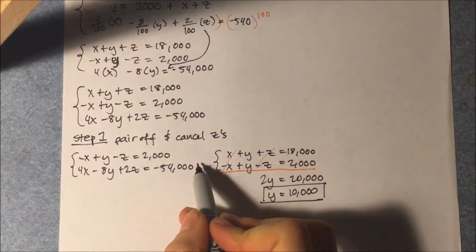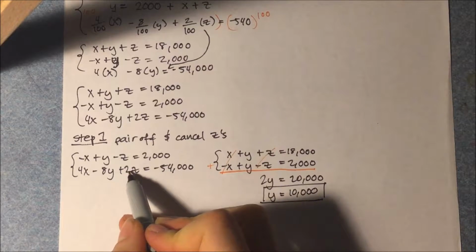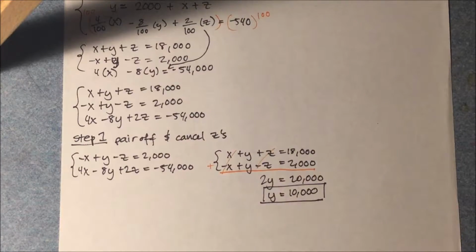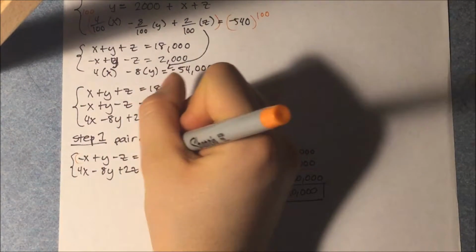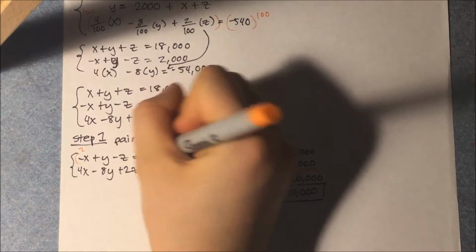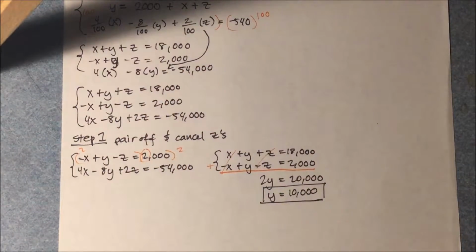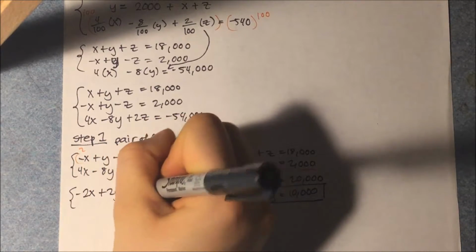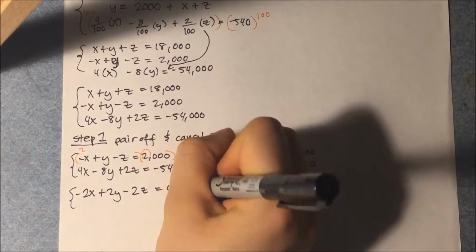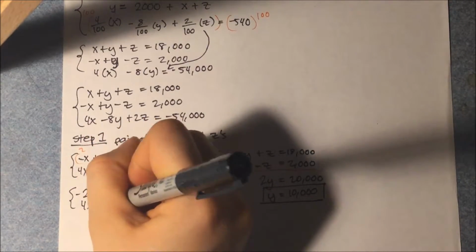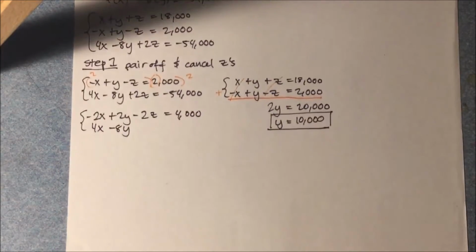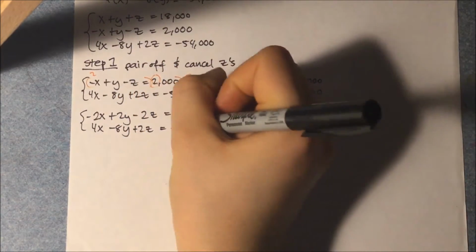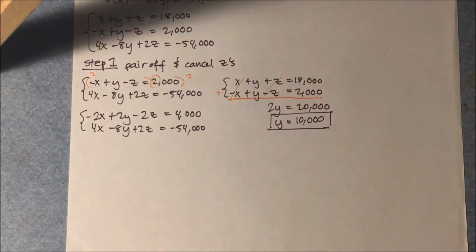Okay, so looking at this other pair, I want to cancel my z's, which means I'm going to multiply this one by 2, so I can have both of these with 2z. So I'll multiply both of these equations by 2. Sorry, that's really ugly. And I get minus 2x plus 2y minus 2z equals 4,000, and 4x minus 8y plus 2z equals negative 54,000.